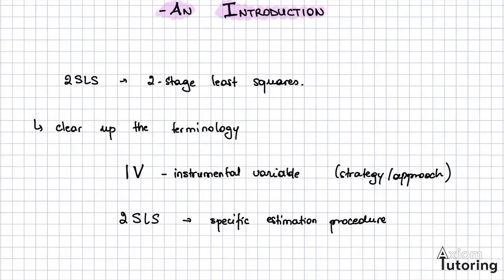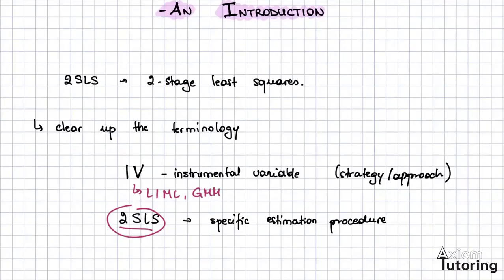Keep in mind, on top of 2SLS, there are also other IV type of estimators, such as the LIML or the GMM. But 2SLS is definitely by far the most common in applied economics. So for these videos and this series, when we say IV estimation, we will really mean 2SLS.